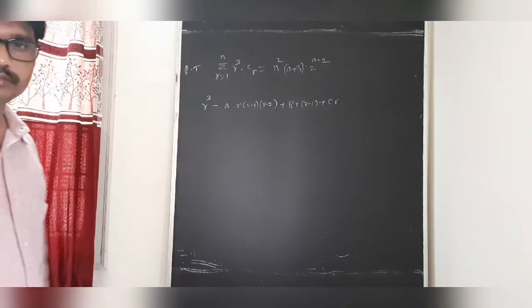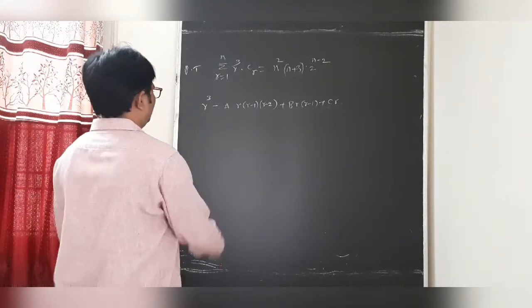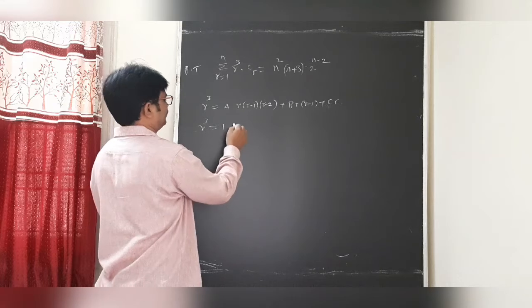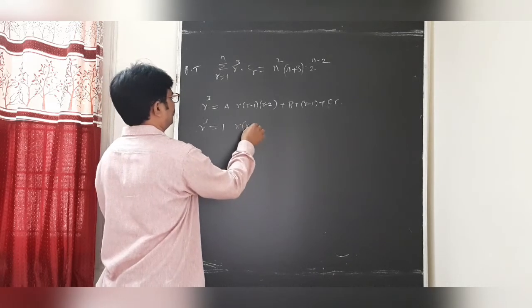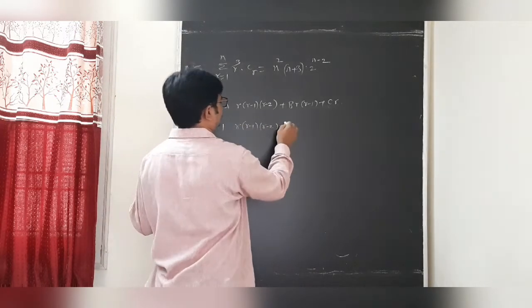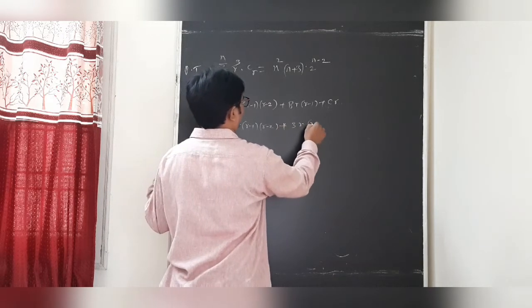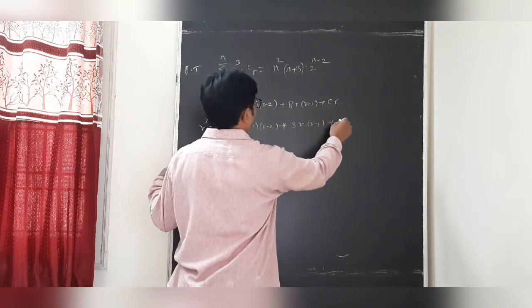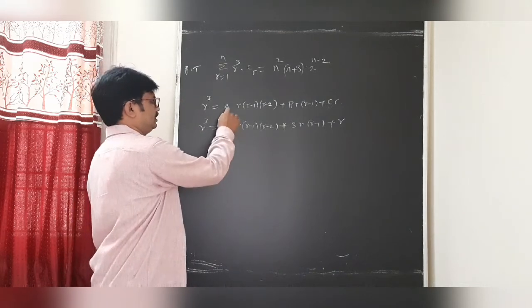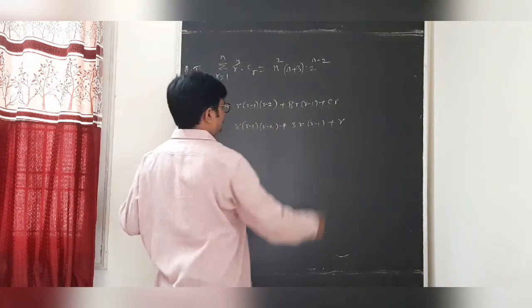Now we observed r cube, a is 1, that is r into r minus 1 into r minus 2. b is 3, r into r minus 1, c is 1. So these are the a, b, c values: a is 1, b is 3, c is 1.